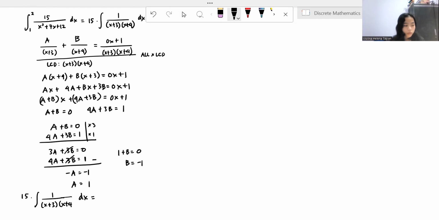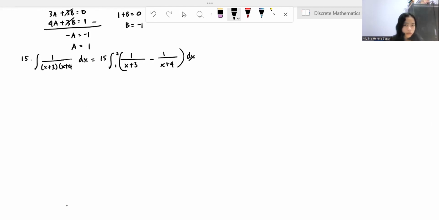So here, the partial fraction, we can plug in a equals 1 to this equation and b equals minus 1 to this equation. So we get this, then we can integrate it.